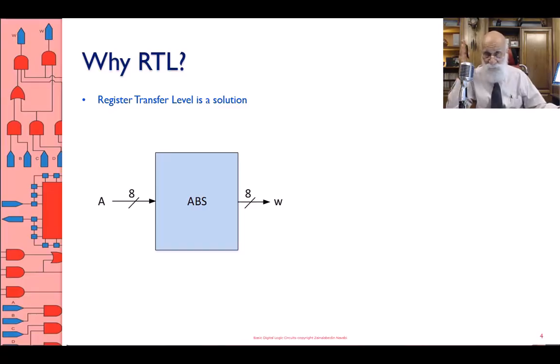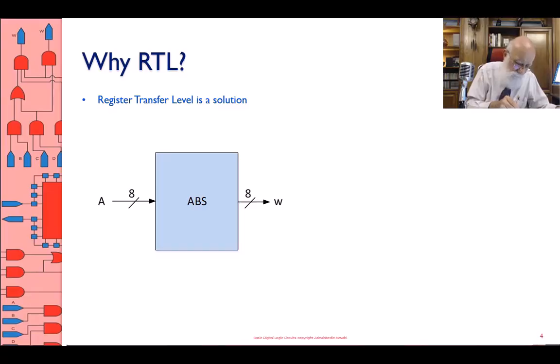Look at the input. Okay, look at the leftmost bit of the input. If it's a 0, don't touch it. Let it go through. If it's a 1, then complement the whole thing, add a 1 to it. So I kind of changed the problem into 3 smaller problems.